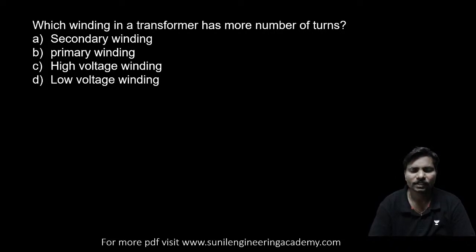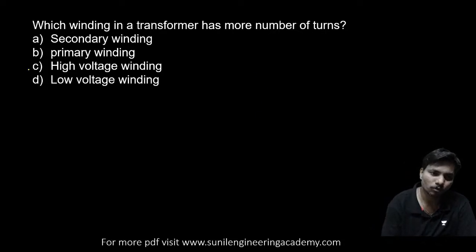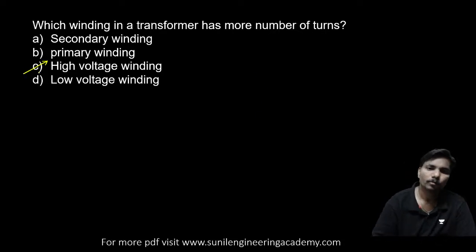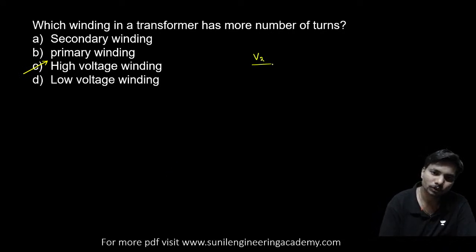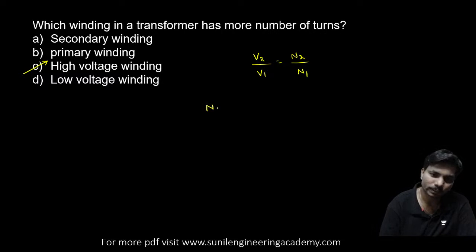Which winding has the more number of turns? Yes, very good. The high voltage winding has more turns. We know the voltage ratio is directly related to the number of turns. If the number of turns is more, the corresponding voltage is also more.